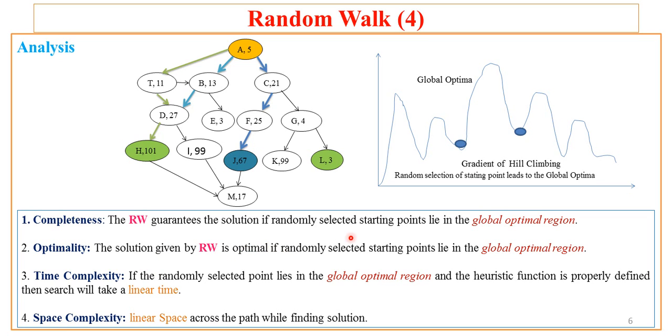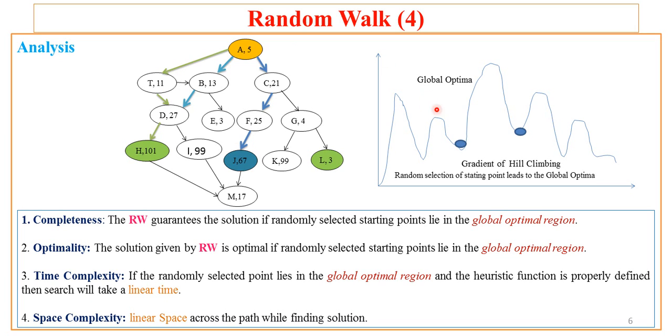Obviously, if the selected starting points are lying in this region, that is the global optimal region, then obviously it will give the optimal solution. Time complexity: if the randomly selected point lies in the global optima region and the heuristic function is properly defined, then the search will take linear time.